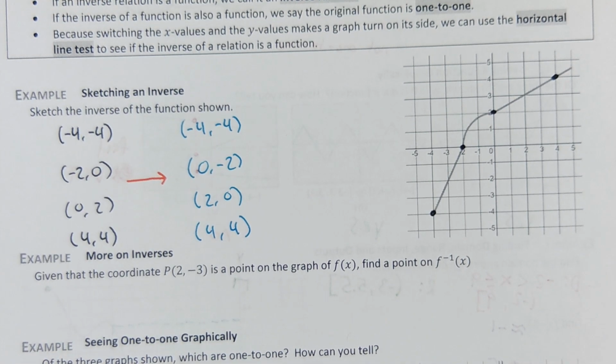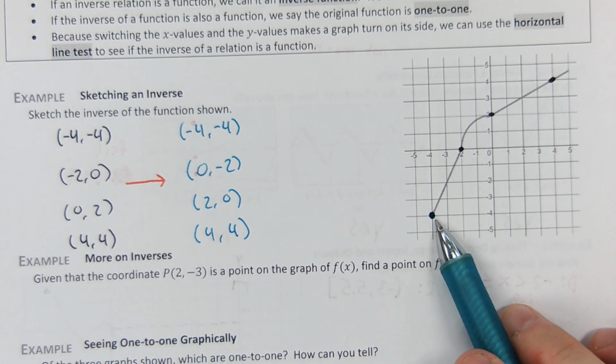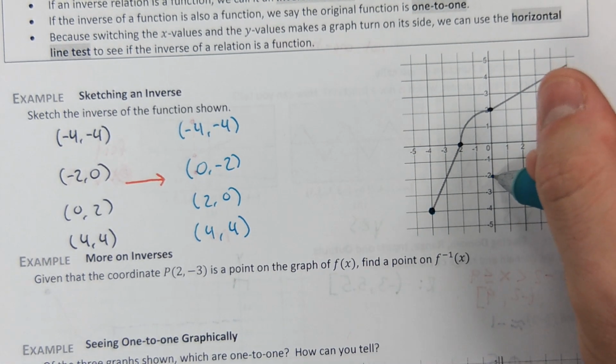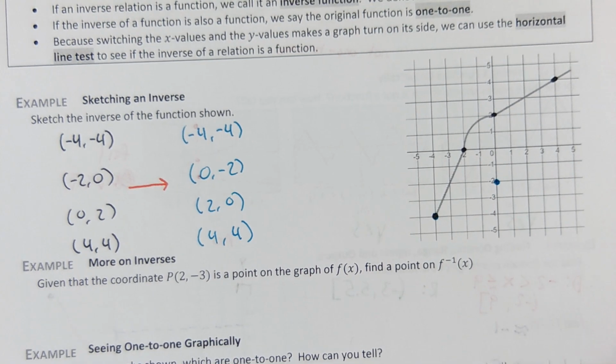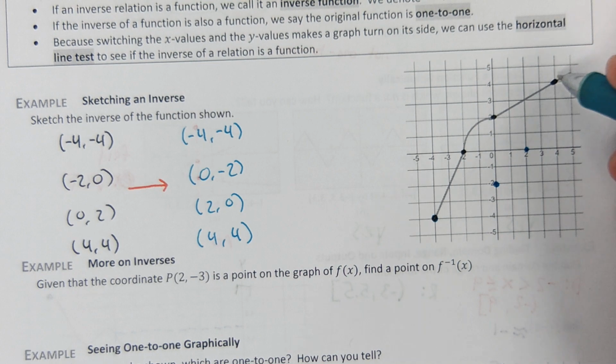So I'm going to plot these inverted points, if you want to call them that. Got one right here again. Then 0, -2 is here. 2, 0 is there, and 4, 4 is back up here.